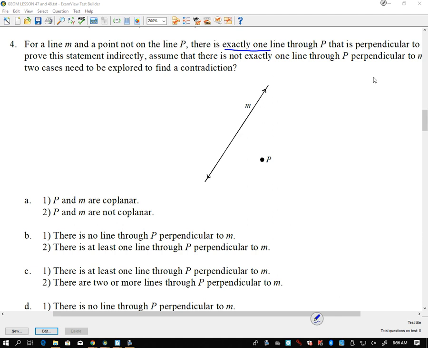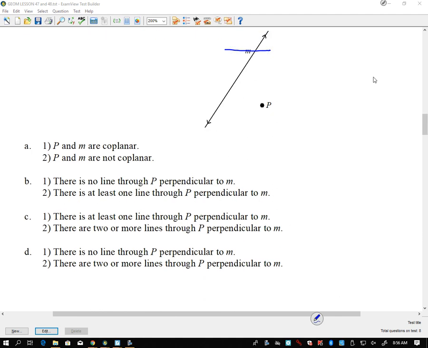So that's what they're looking for down here. There's no line through P that's perpendicular, or, well, that doesn't work. There's at least one. So C doesn't work. It has the second part. There are 2 or more. So D: there is no line through P, or there are 2 or more lines.